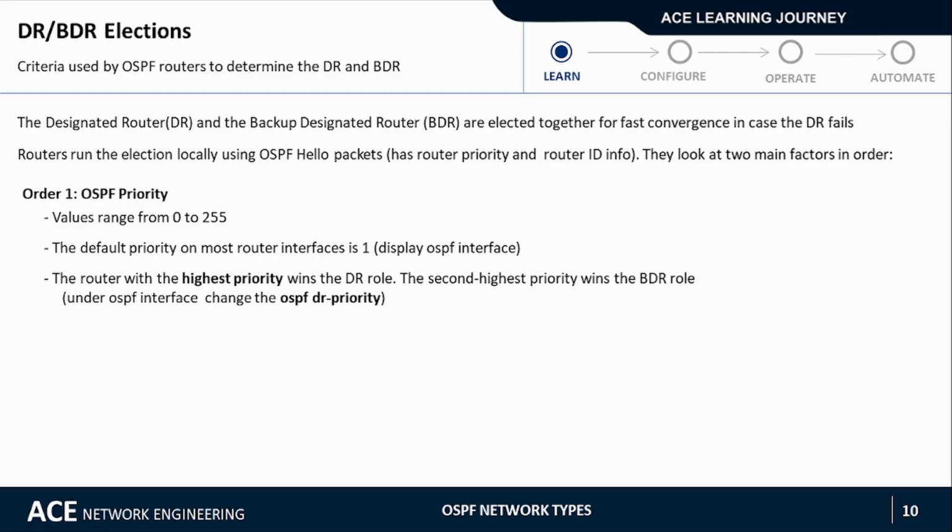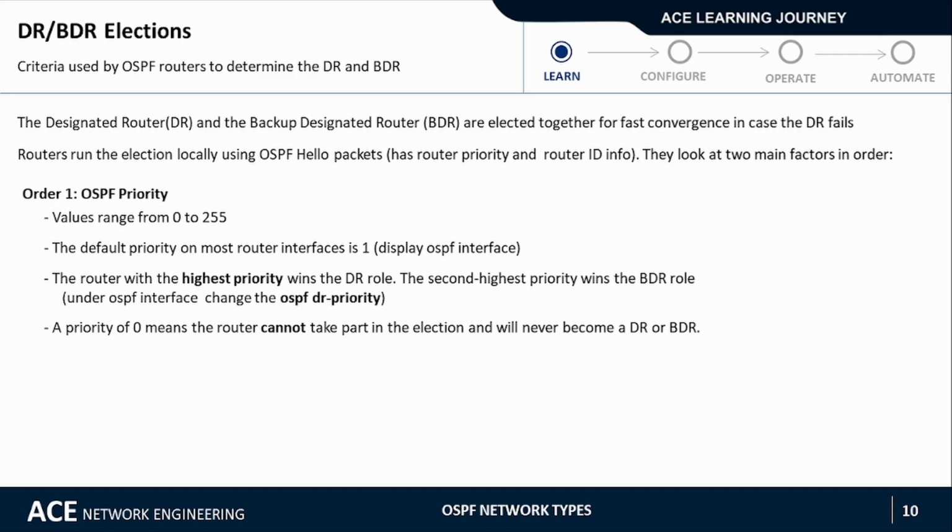So you can change the priority of the interface, and we shall see why that is important later, using the OSPF DR priority command under the OSPF interface. A priority of 0 means the router cannot take part in the election. It is disqualified.